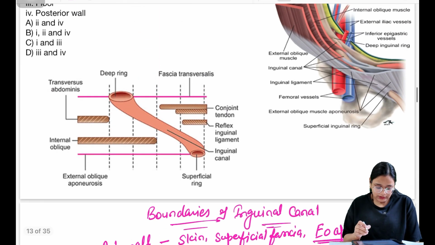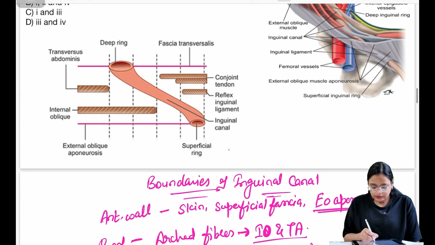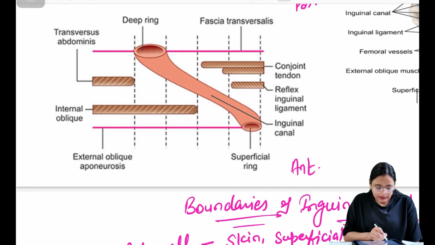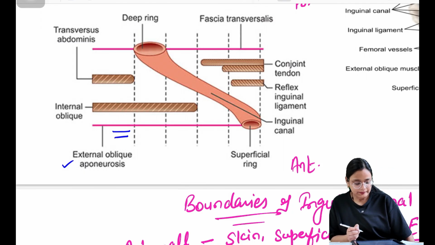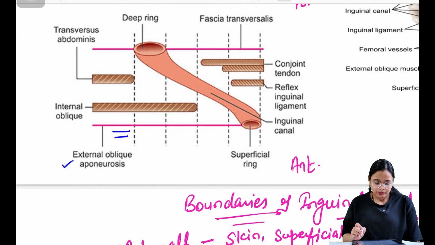Now I will come to the diagram. Superficial ring means anteriorly; deep means it is posteriorly present. Going from anterior to posterior, you can see anteriorly the external oblique muscle aponeurosis, and before that the superficial fascia and skin. So the anterior wall is formed by skin, superficial fascia and external oblique aponeurosis.